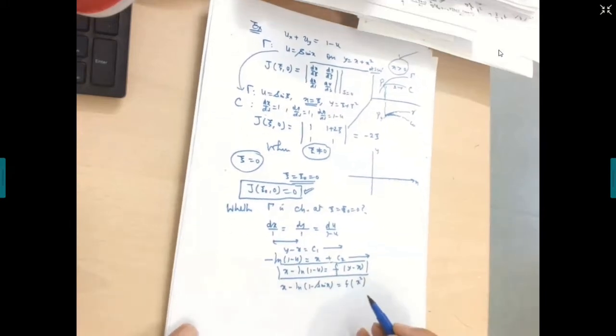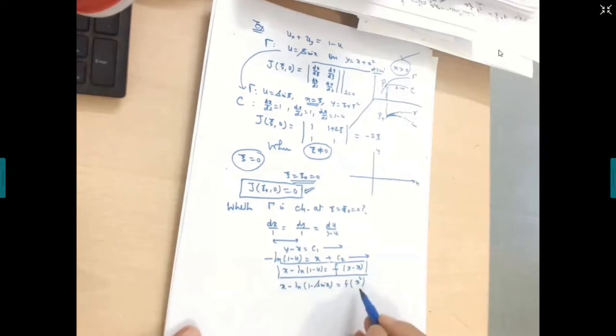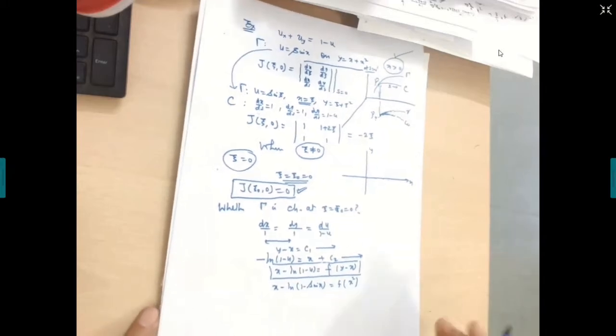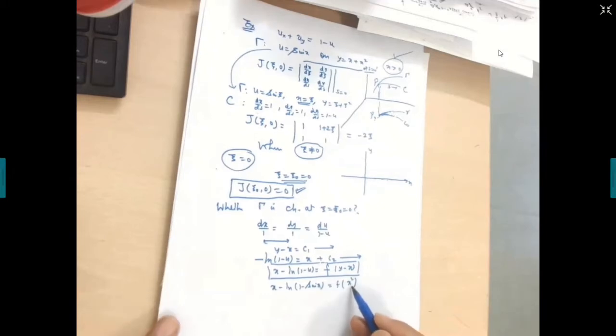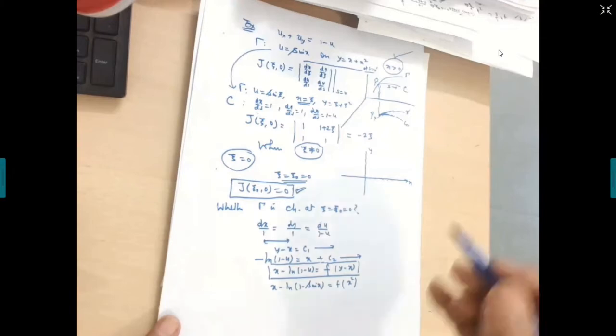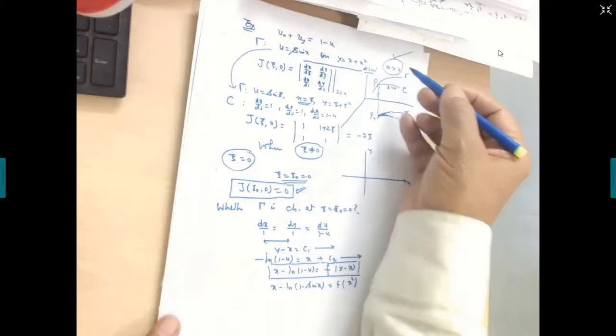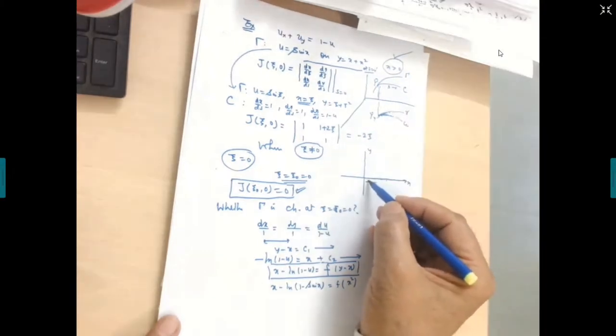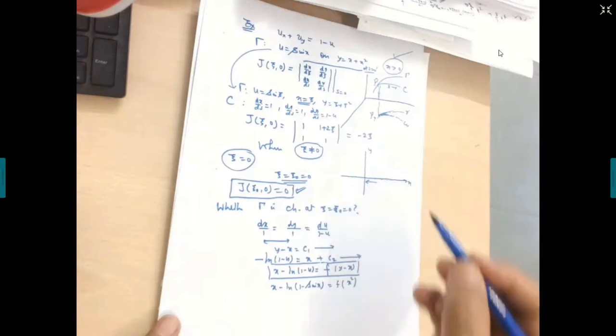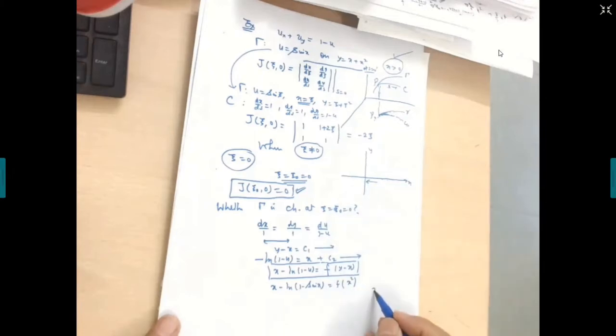Very nice. It is clear from here that x squared, the square of a real number, is always positive, but I am required to determine the behavior from here. So it is all right. You take x squared equal to t.